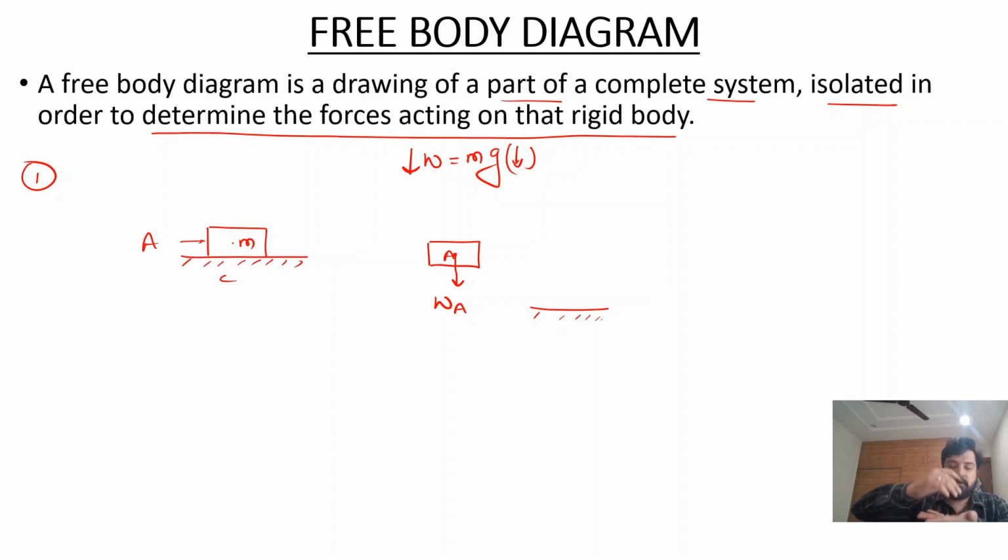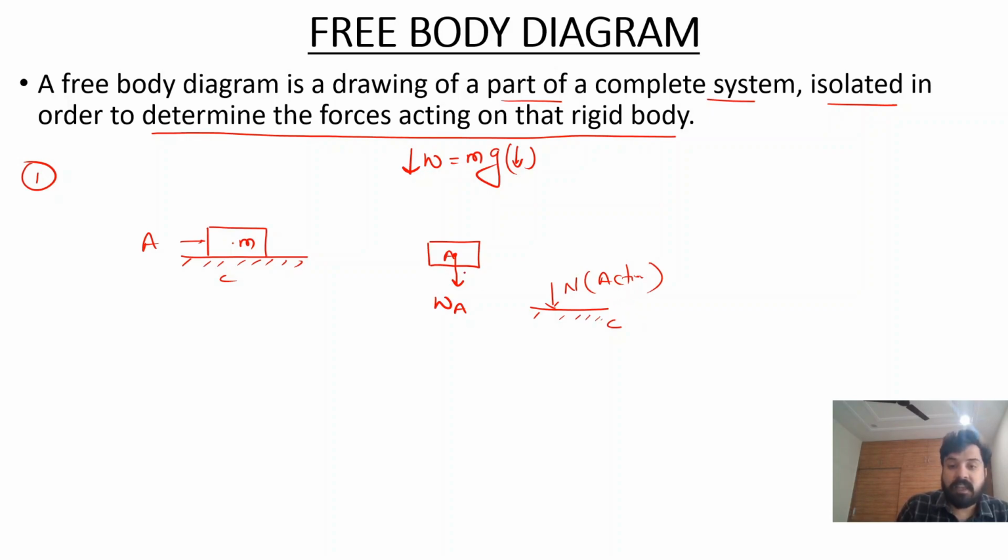Suppose this is a pen which lies on a horizontal surface. Due to its weight, there is an action force acting on the horizontal surface. Suppose the action is N on the surface C. According to Newton's third law, for every action there is an equal and opposite reaction.